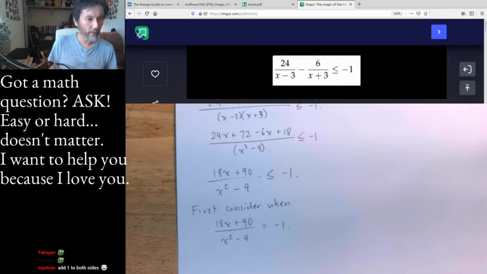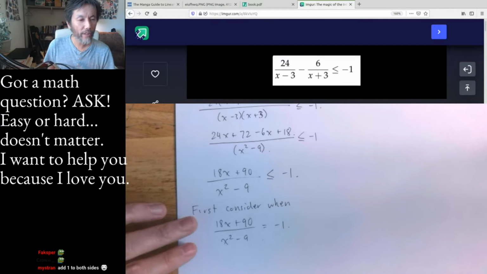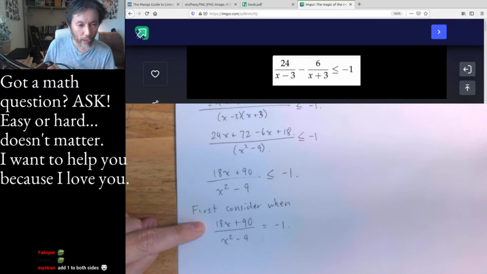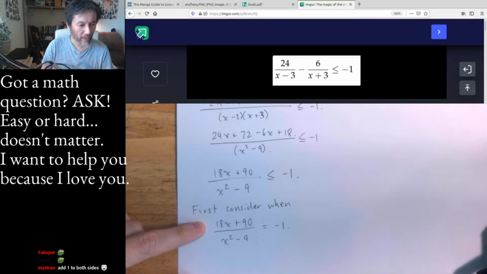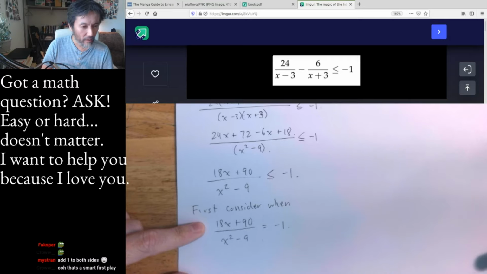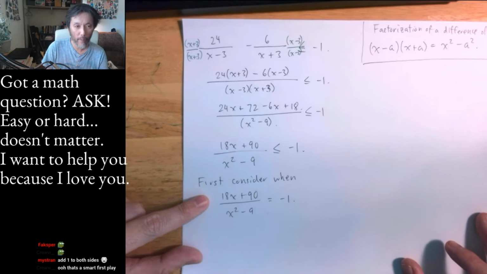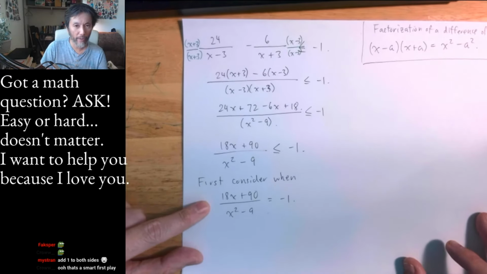I think there's a better first play. Think of it this way. What annoys you about this equation? Is there something annoying about it? What annoys you about this equation? There's something particularly annoying about it.